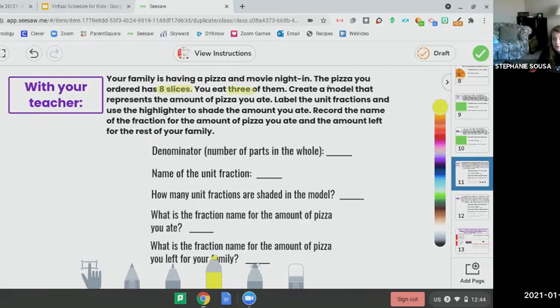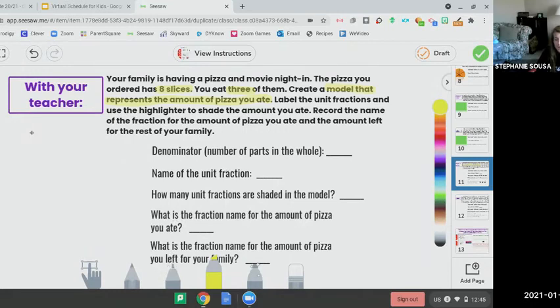Create a model that represents the amount of pizza you ate. Label the unit fraction and use the highlighter to shade the amount you ate. Record the name of the fraction for the amount of pizza you ate and the amount left for the rest of your family. That's a lot to do.